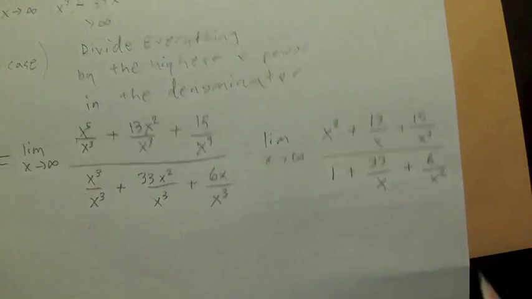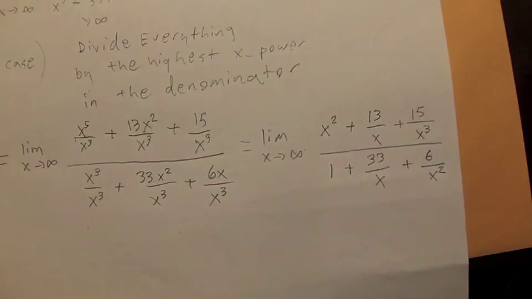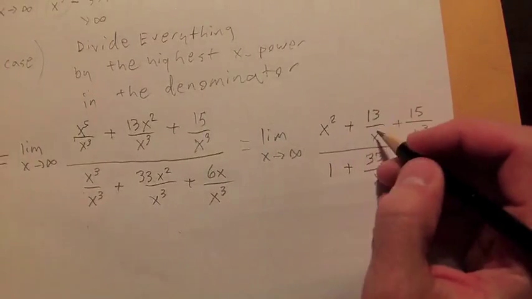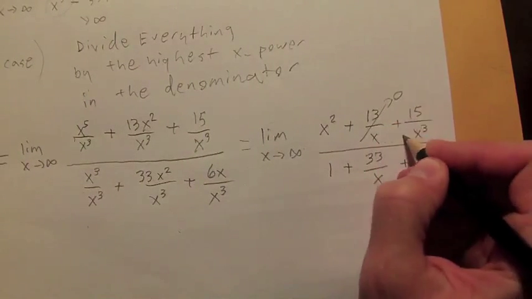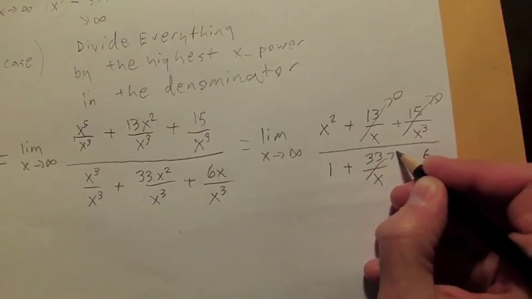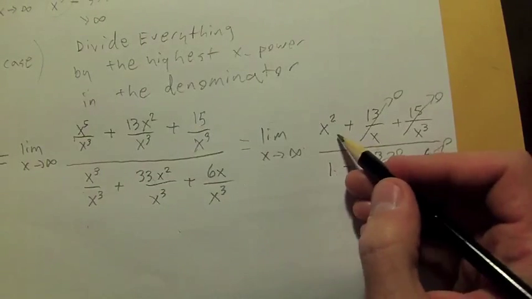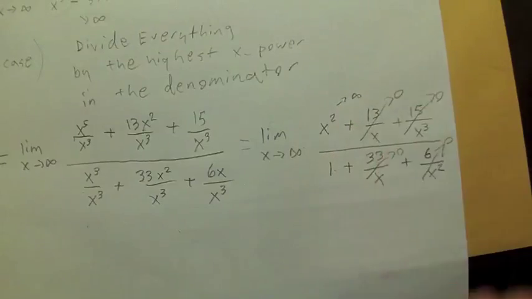Now when we look at this, what we've basically done is simplified things such that everything is either going to 0, is a constant, or we have things going to infinity. This actually simplifies a lot because as x goes to infinity, these guys go to 0. This is 1, and x squared goes to infinity.